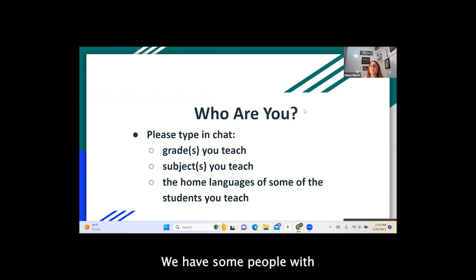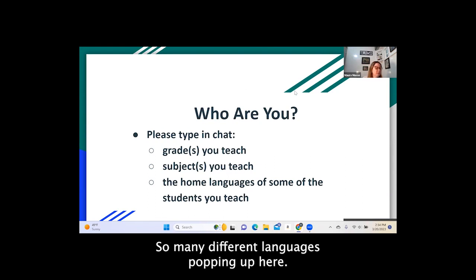Science, we have some people with Spanish, Haitian Creole, Arabic. We have some paraprofessionals, welcome. Spanish. Wow, French, Arabic, Russian, so many different languages popping up here.